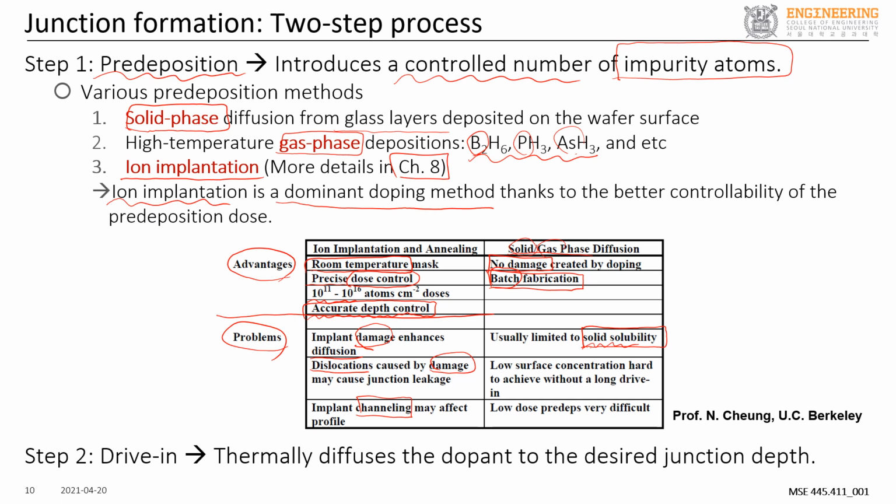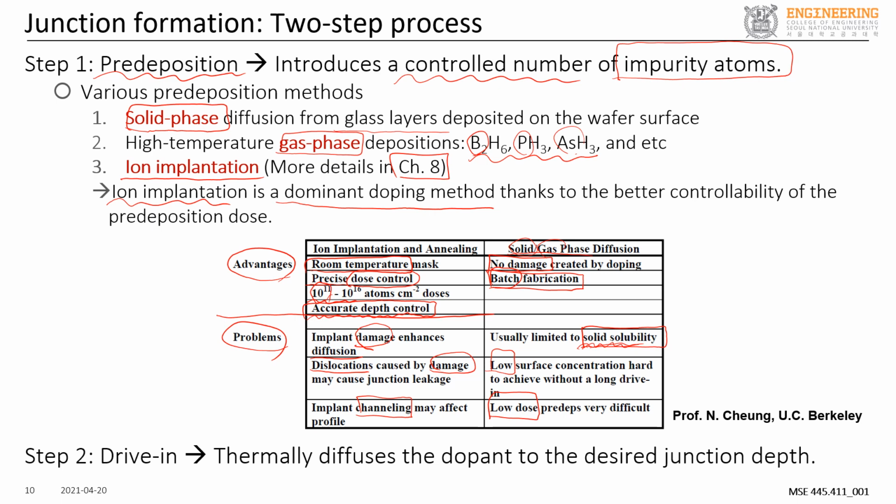The solid solubility is pretty high, so it's difficult to get low concentrations. With ion implantation, you can choose to have really low dose if you want, but for solid and gas phase diffusion, achieving a low concentration or low dose is not easy.